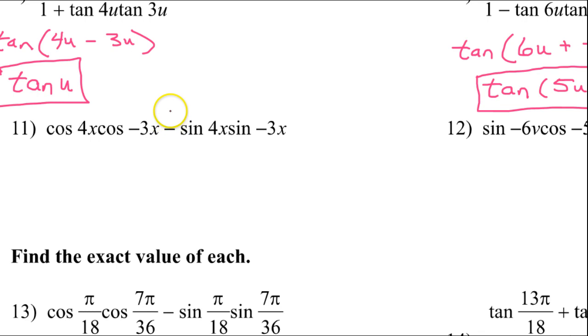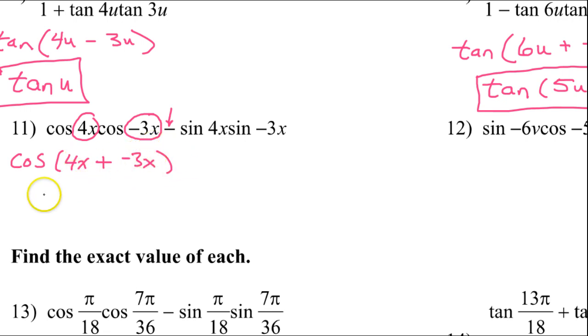I see this minus here in the middle, so I know it's going to be cosine of angle plus angle. So cosine, and so here's my first angle, and here is my second angle. Alright, so it's going to be cosine of 4x plus negative 3x. Angle plus angle.